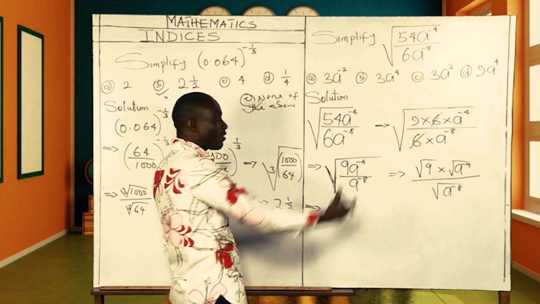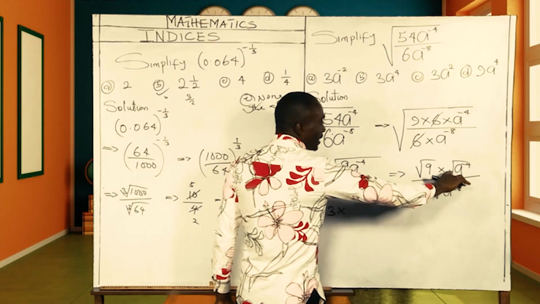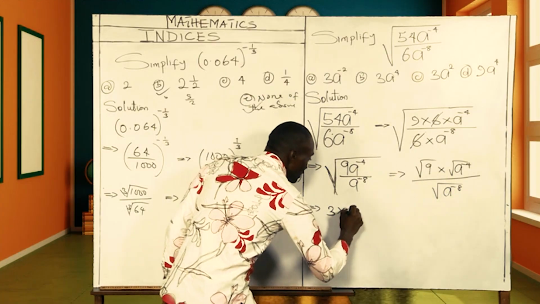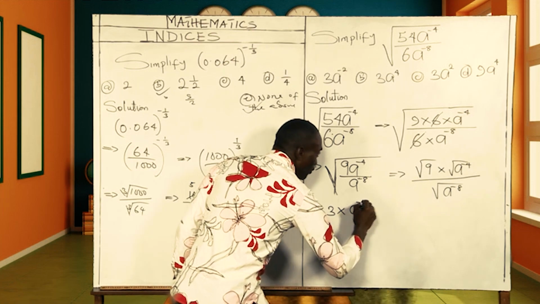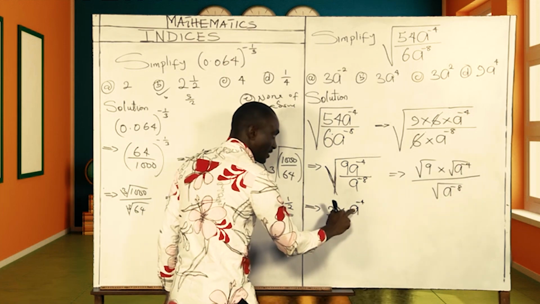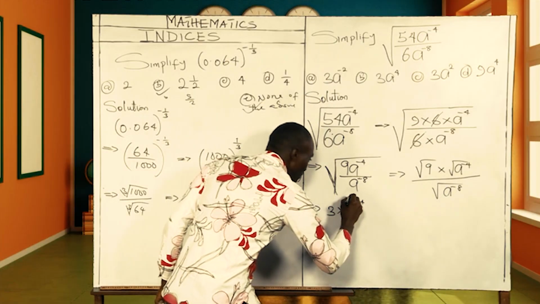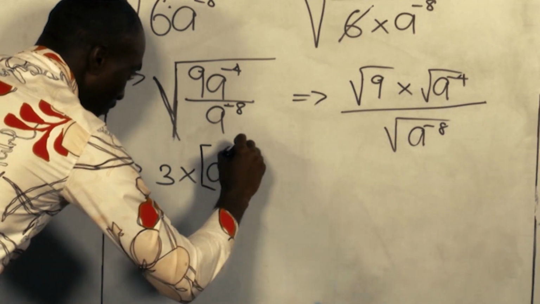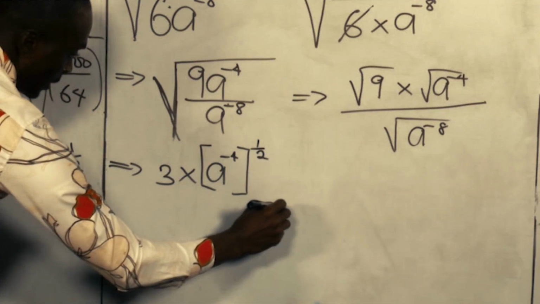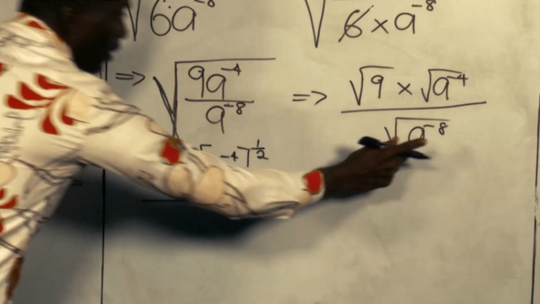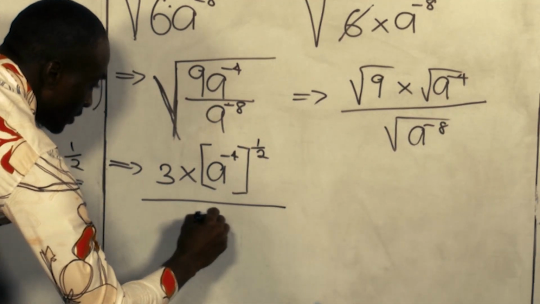You ask me, how are we going to get the square root of minus 4? Let's convert this square root to indices. Converting to indices, a raised to power minus 4. This square root is 1 over 2 as power. Likewise, we have a raised to power minus 8.